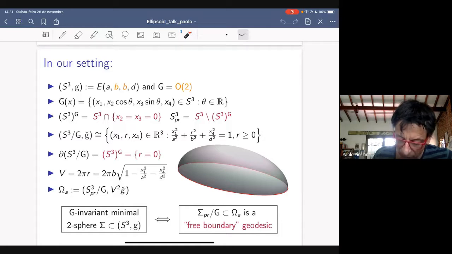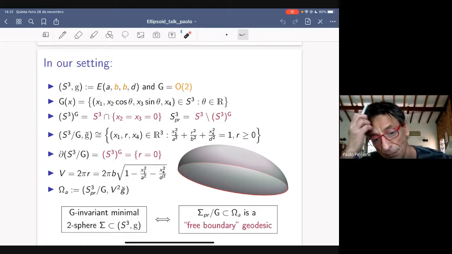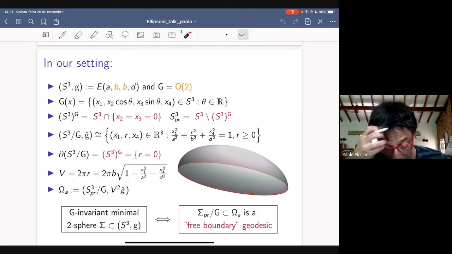And also, it is not hard to prove that if you want to have a G invariant minimal 2-sphere, it projects to a geodesic on this ellipsoid, which starts orthogonally from the boundary and arrives also orthogonally on the boundary, okay? But please keep in mind that the boundary of this object is singular. So our problem becomes: find free boundary geodesics in an ellipsoid with singular boundary. That's what the problem boils down to.